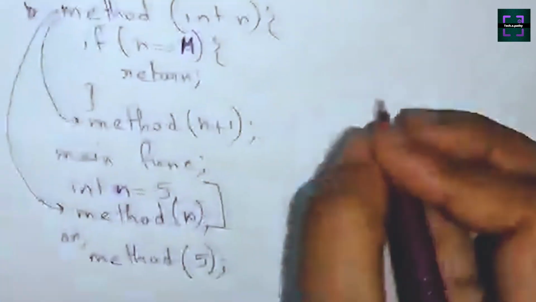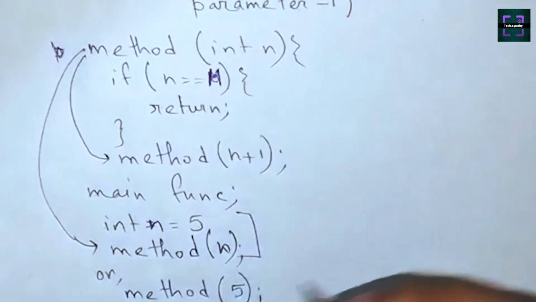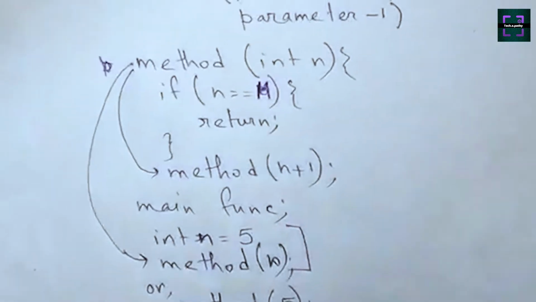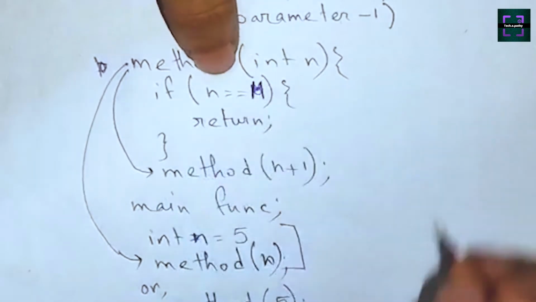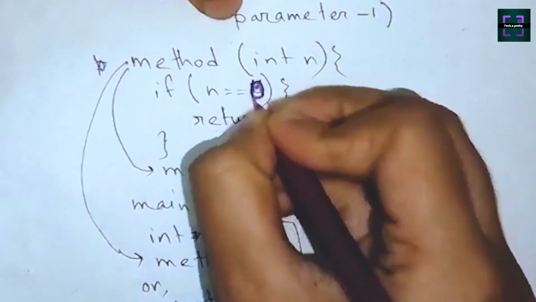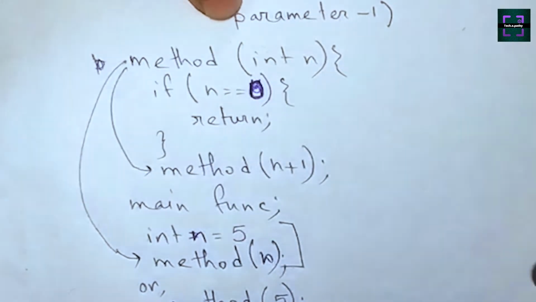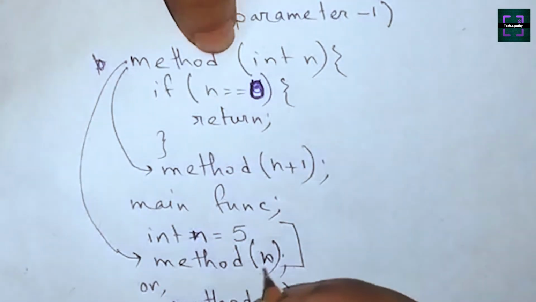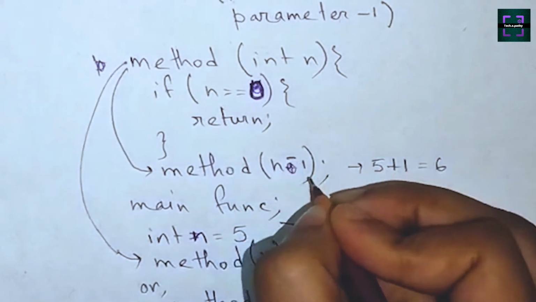So what will happen is, our maximum number is 5. So when n equals M, or in this case we can consider it as 0. So n equals 0, and as we are keeping it 0, we have to decrease it.